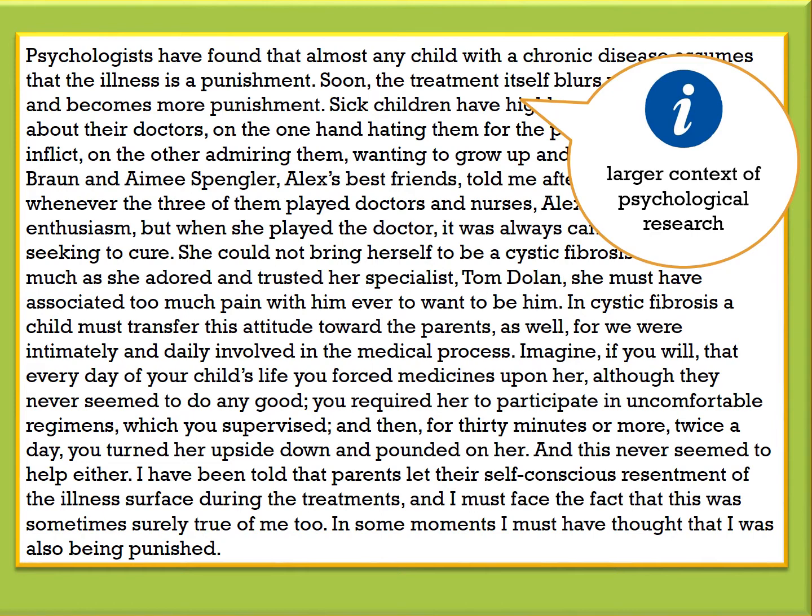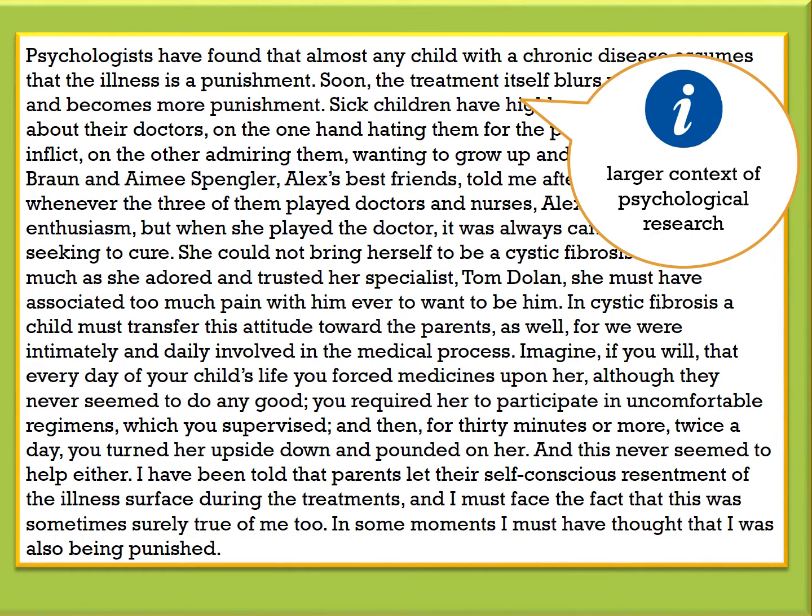So he goes back, and notice he's broken the line of Alex's story and his story, and he's giving us now this much larger context of psychological research. He's zooming out. Psychologists have found that almost any child with a chronic disease assumes that the illness is a punishment.